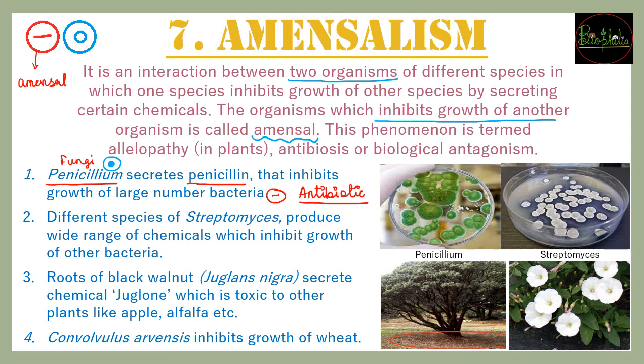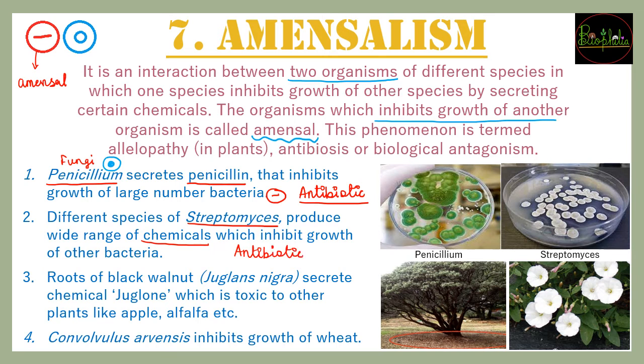That's why antibiotics work very well on different kinds of bacteria. The second example is about streptomyces. Streptomyces also secretes chemicals that stop other bacteria from growing. Again it is used in the formation of antibiotic drugs.